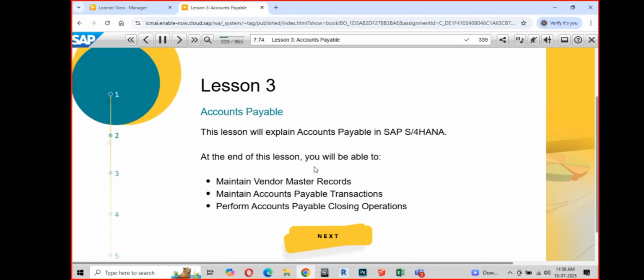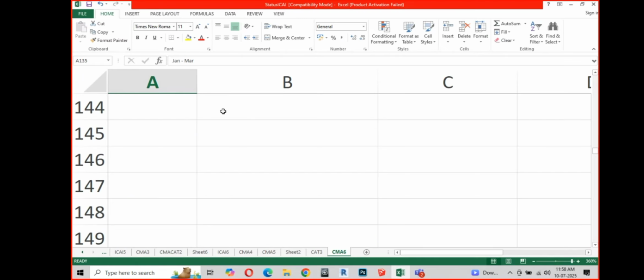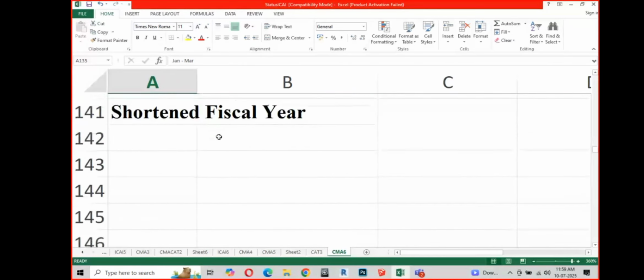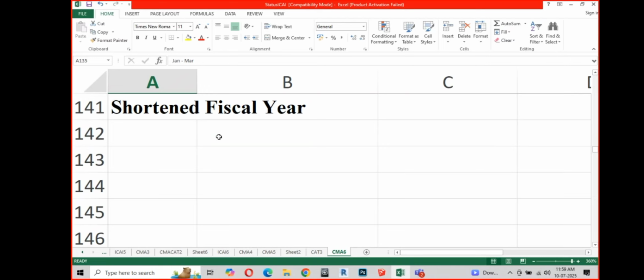First and foremost, when you are dealing with huge vendors or important vendors, vendors supplying key raw materials to your business, you will have to create the master records. Let me make a note of it. There are some other basic concepts which I will take up at the appropriate moment. Just hold on till then.